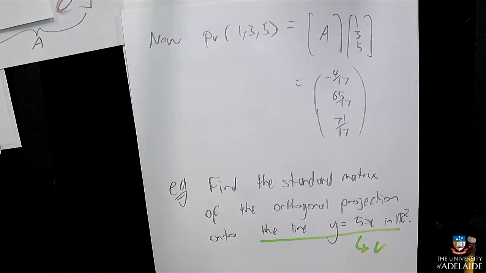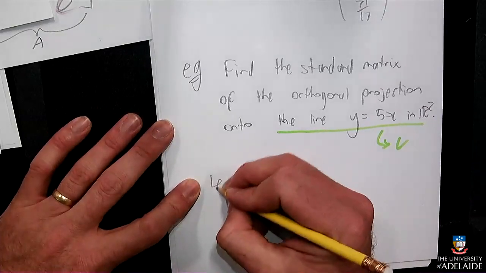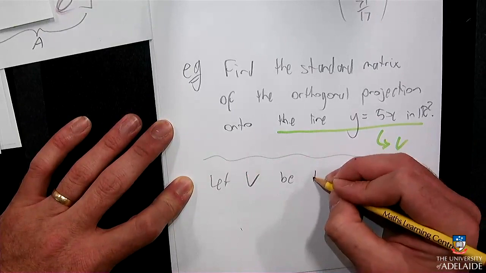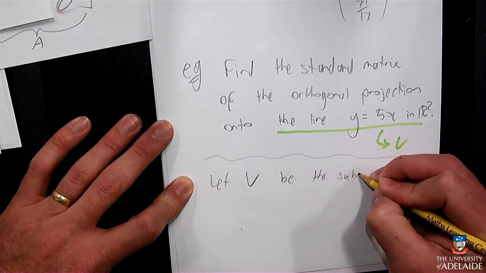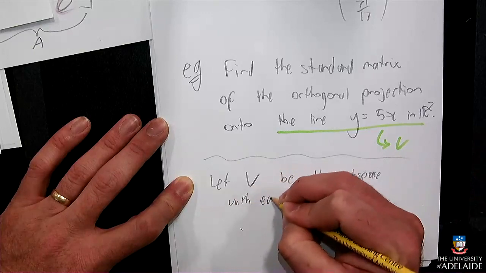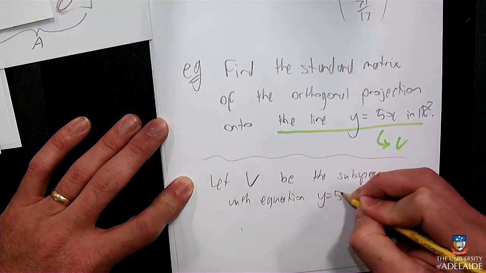And I know that when I do a standard matrix, all I need to do is figure out what happens to the standard basis. So in order to find this standard matrix, let V be the subspace with equation y equals 5x.